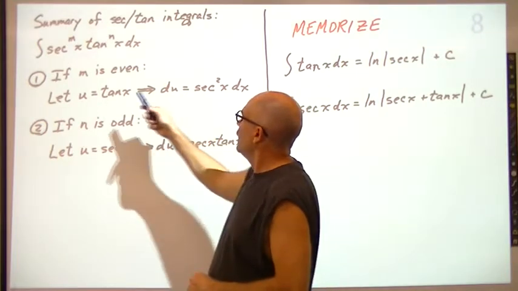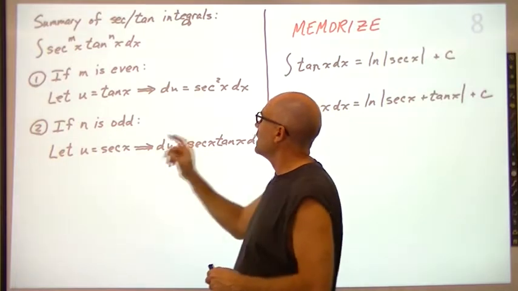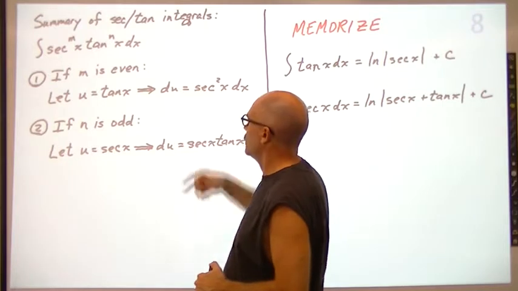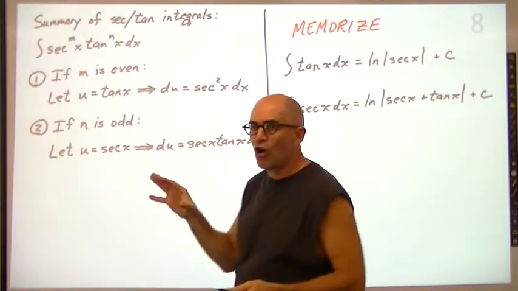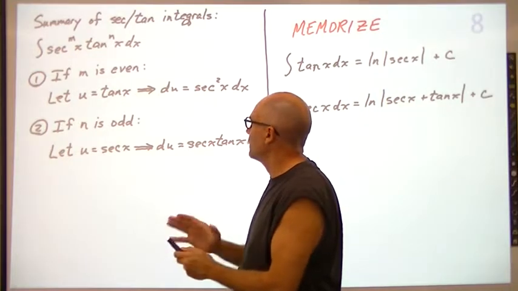And so I can let u equal tangent x, and then everything becomes something in terms of tangent. So I change all my secant squareds into tangent squareds plus 1.